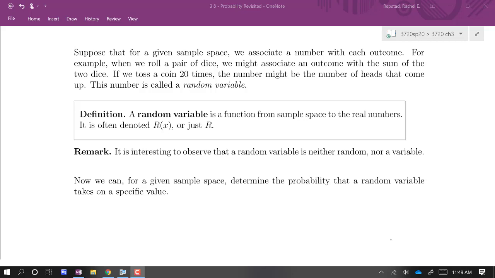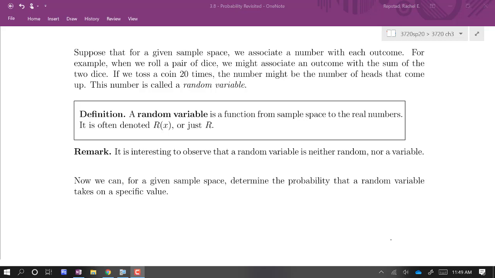I might associate the individual outcome with just the sum of the 2 dice. Maybe if I toss a coin 20 times, if that's my single experiment, for each outcome I might just count how many heads come up. When we associate with each outcome some other value, we call that number a random variable.